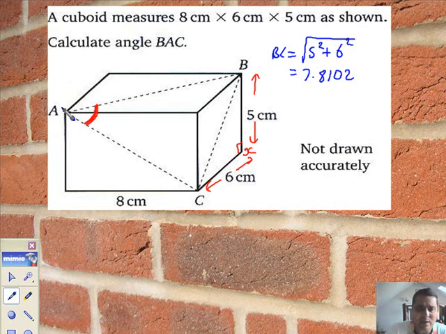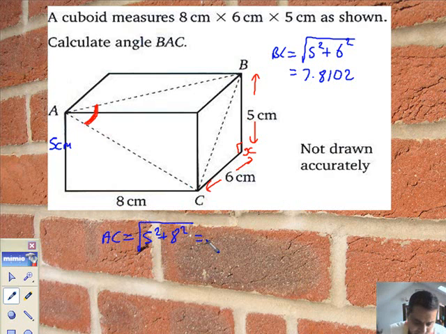I'm going to do the same with AC, because I know I have 8 across the base here, and the height is still going to be 5. So I put 5 centimeters across there. I can do exactly the same to AC, and do Pythagoras in one step. So if I put AC down here, then AC is going to be 5 squared plus 8 squared, and then you hit the square root button.